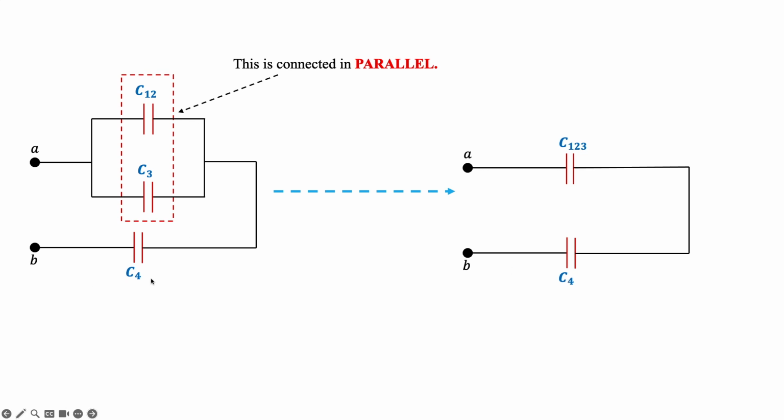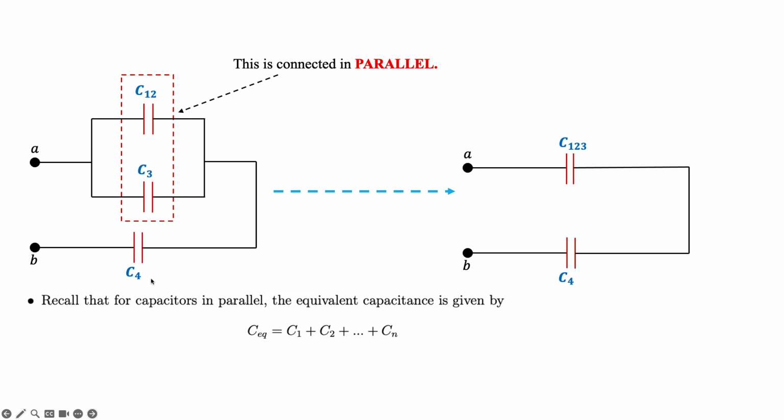Now I have to recall that the equivalent capacitance for a parallel network, referring to C12 and C3 here, will simply be the sum of the individual capacitances of the capacitors. So in this problem, C equivalent will just be C123, and that will just be the sum of capacitor 12 plus capacitor 3.